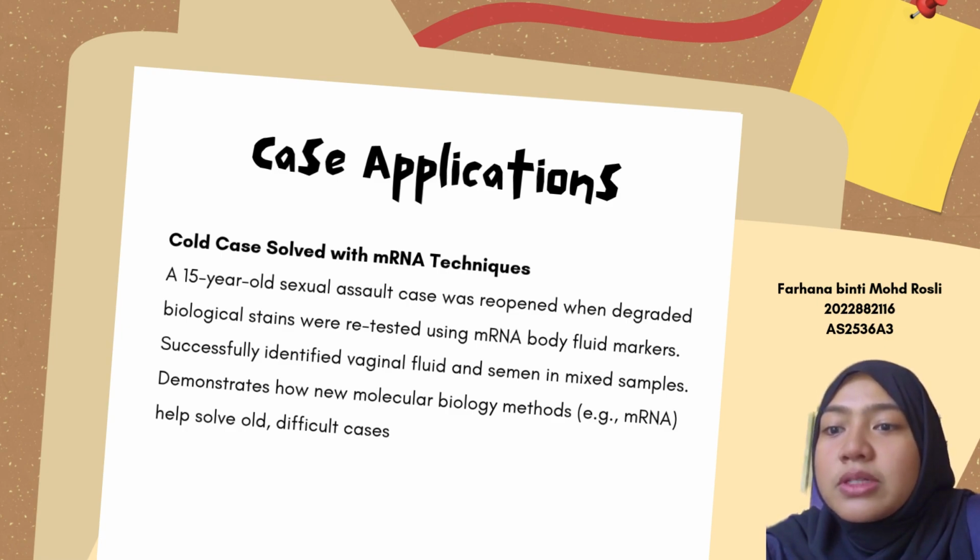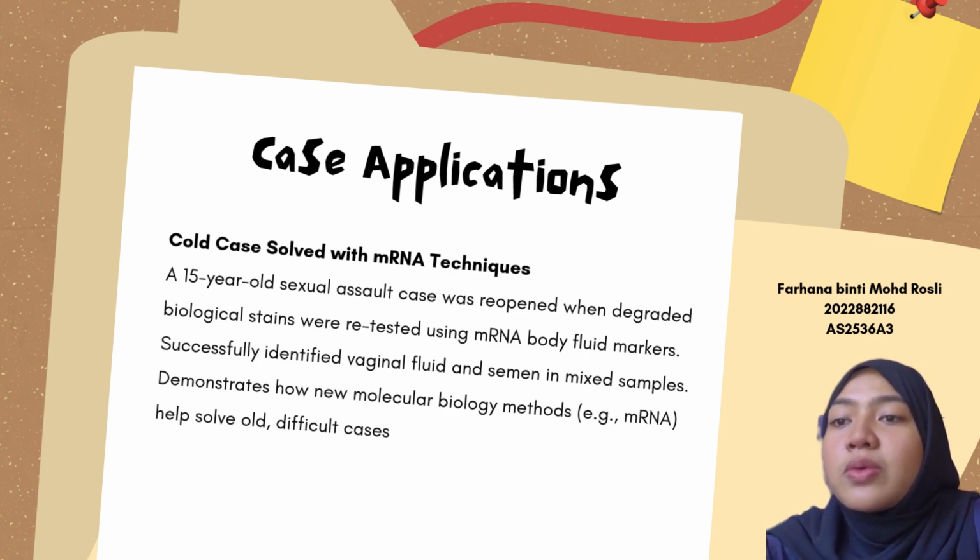They were able to detect vaginal fluid and semen in mixed and degraded samples using specific gene expression markers unique to each fluid. This allowed investigators to link the DNA back to the suspect, ultimately bringing justice to the victim after so many years. This case highlights how new technology like mRNA profiling can give new life to old cases, especially when traditional methods fail due to poor sample quality.